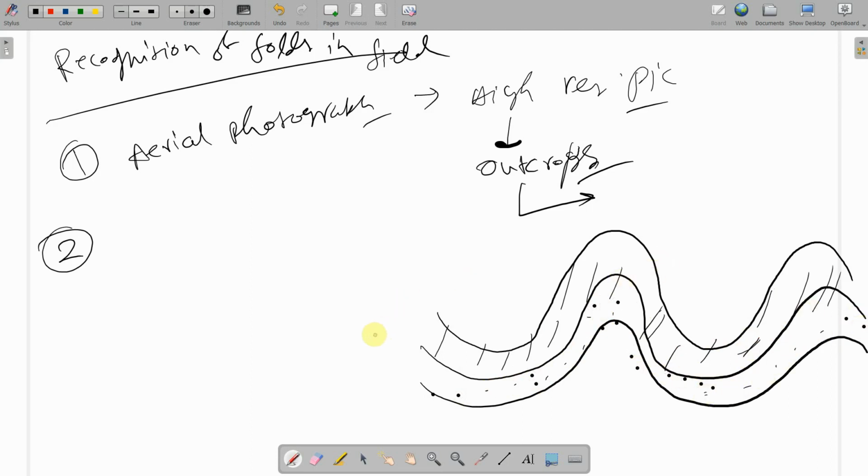Now after erosion, the upper part got eroded. For some reason, the upper part got eroded, and you will be taking this straight line.